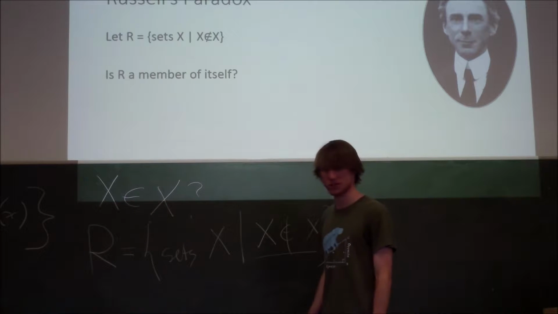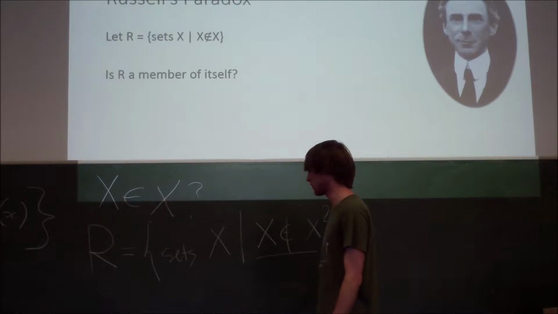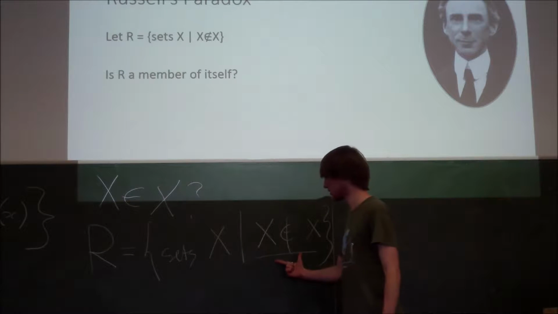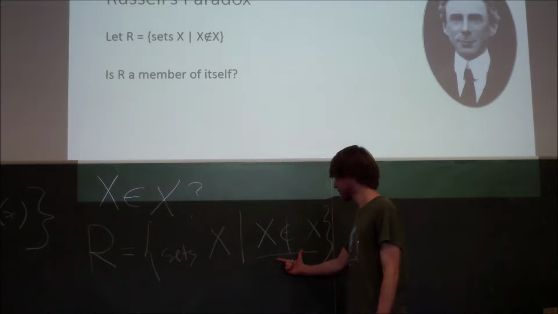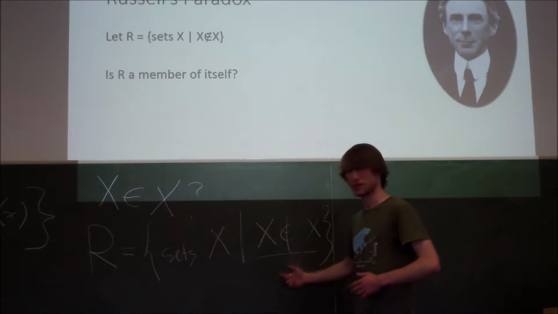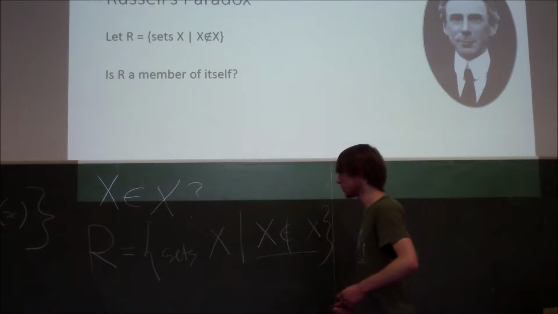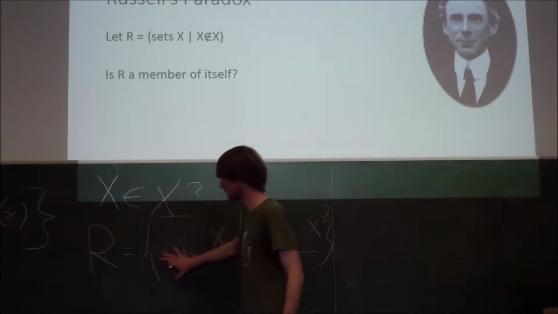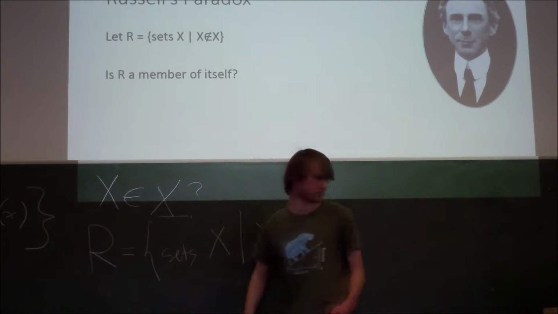So that's a contradiction. So it must not be a member of itself. But if that's the case, then it must fail to have the property that all things in R have, which is that it's not a member of itself, and therefore it would be a member of itself. So because both answers to this question produce a contradiction, we have a problem.